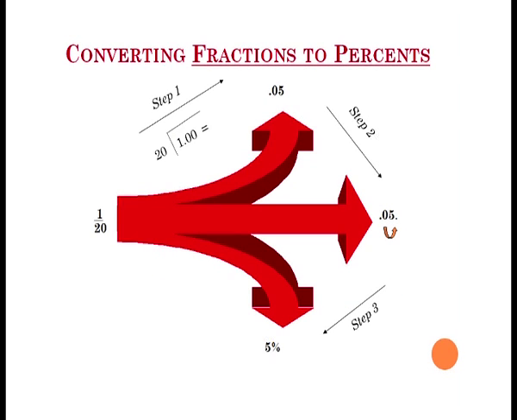When converting a fraction to a percent, just follow these steps. For 1 by 20, a fraction, step 1 is to convert it to a decimal. We get 0.05. Step 2: we move 2 places to the right, and we find that the value is 5%.